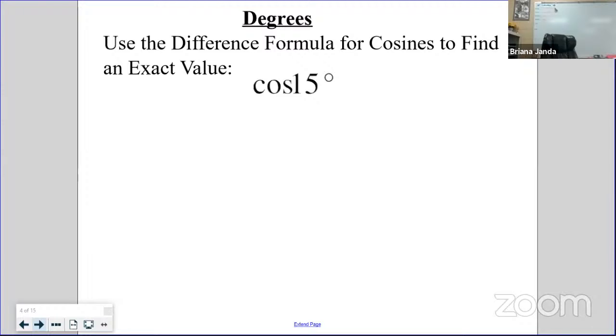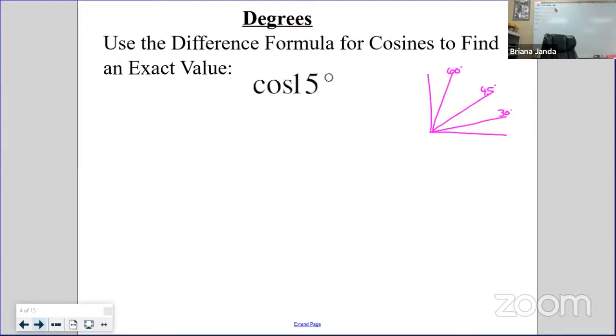And what I want you to do is think about your unit circle. Think about quadrant one, and I'm going to look at quadrant one in terms of degrees here. This is like your word bank. Your unit circle is your word bank for these, and those are your options.